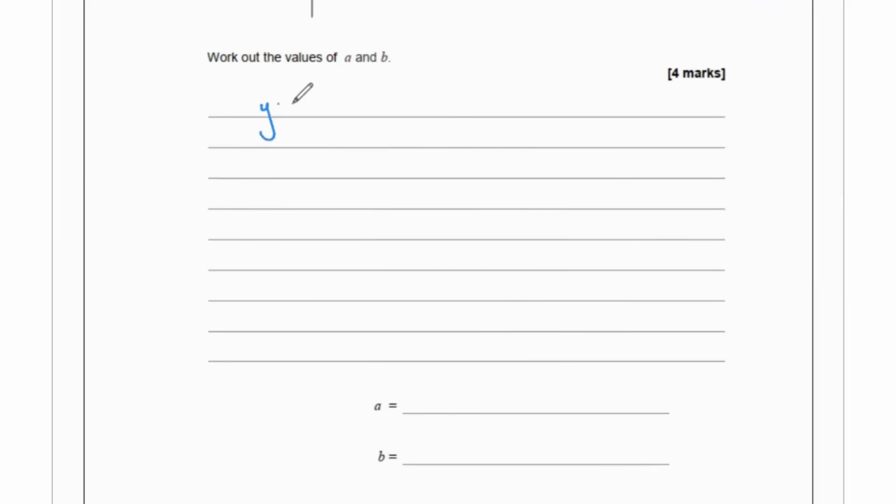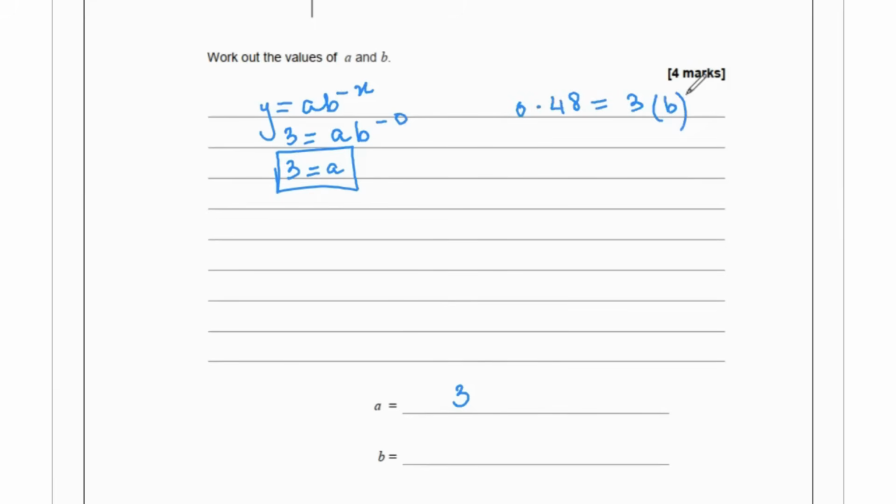So firstly, we have y equals a times b to the power of negative x. So when y is 3, x is 0, so 3 equals a. You already have the value of a. Then when y is 0.48, a is 3, x is 2, so b to the power of negative 2. So 0.48 equals 3 over b squared, because b to the power of negative 2 is the same as 1 over b squared.